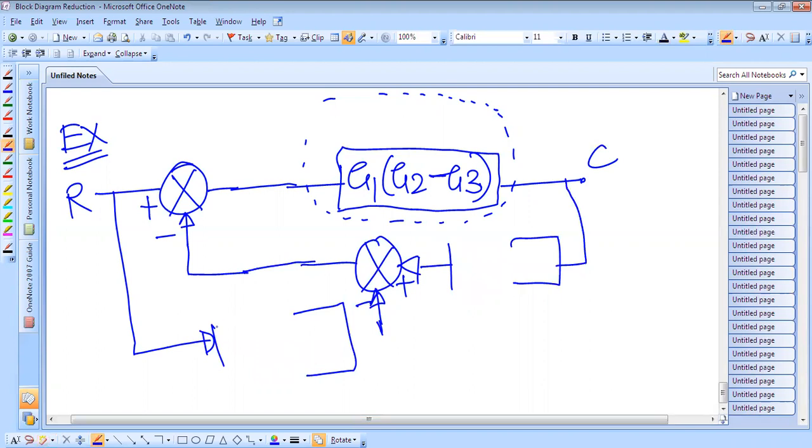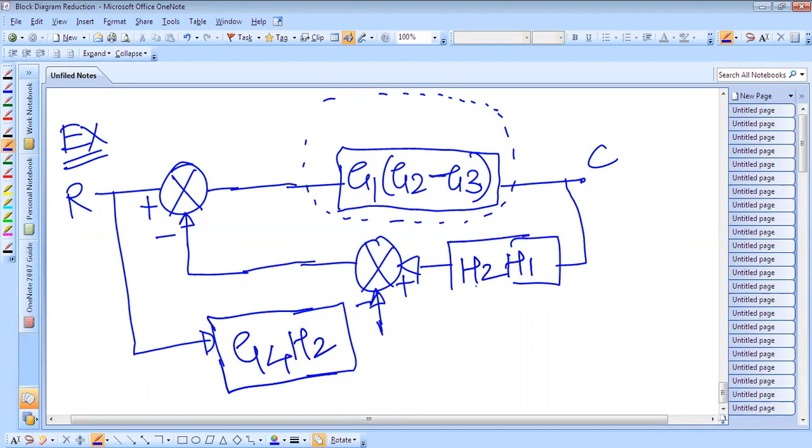What was there in this block? This is G4 and H2, here H2, H1. Now your block diagram has become somewhat simpler.